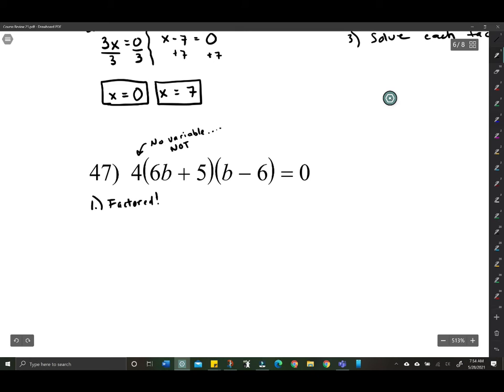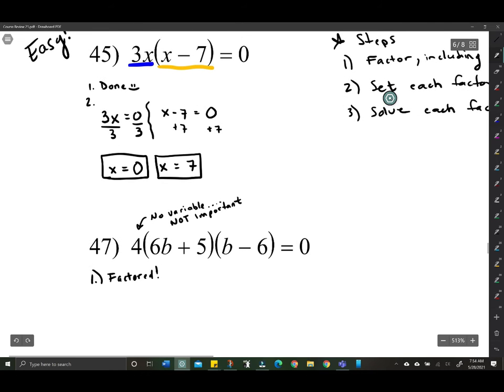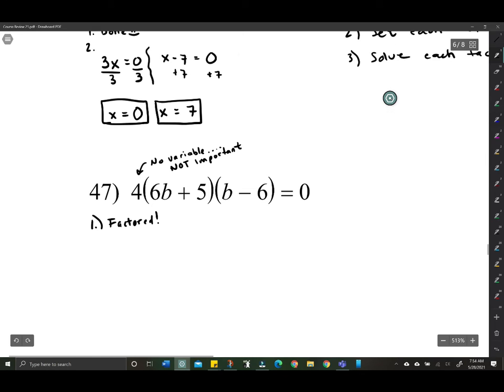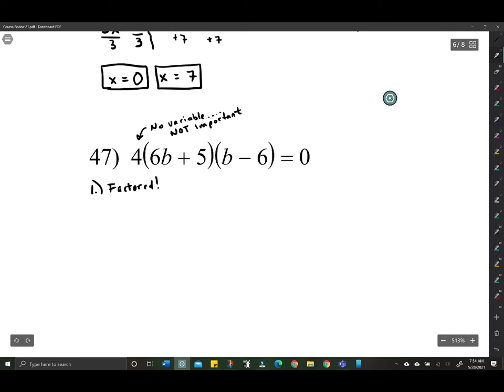In the previous example, notice how there was a variable, the x, so it was important. But really, our only factors here are 6b plus 5 and b minus 6. Those are the only factors.